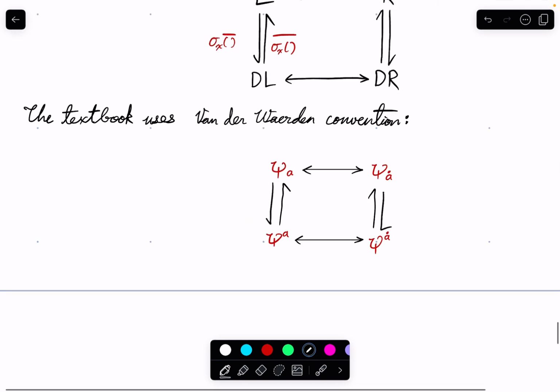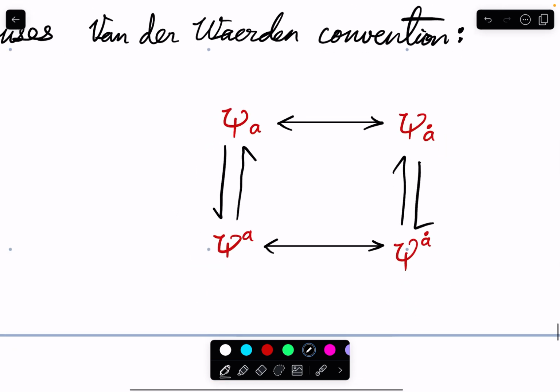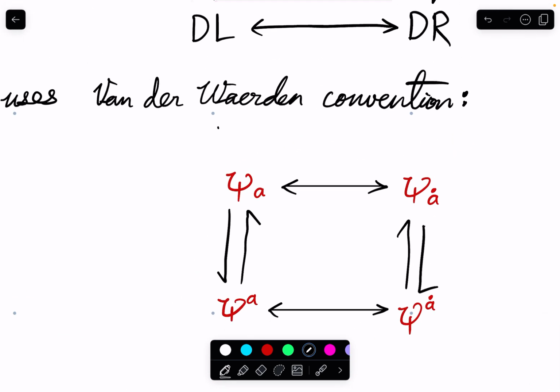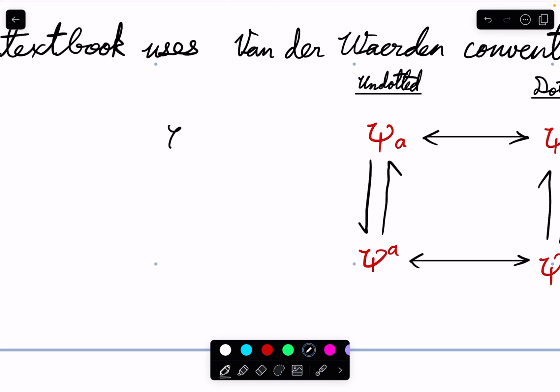And so spinors that look like this are called undotted. These are called dotted. These are called covariant. These are called contravariant.